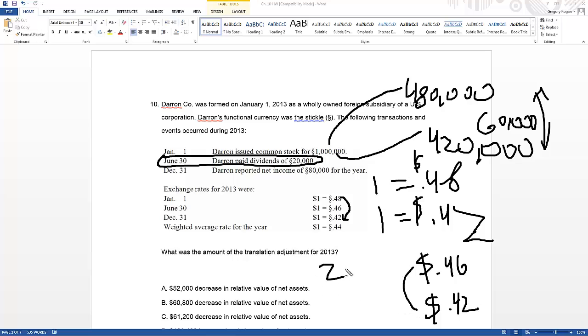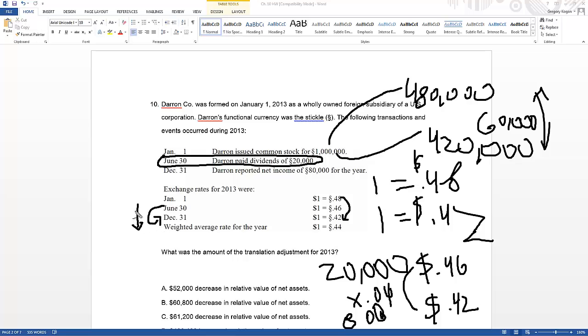So we have to look at 20,000 stickles at an impact of 4 cents per stickle, and we get 800. Essentially, this FX variation cost us an extra 800 in dollars by paying in June rather than December.